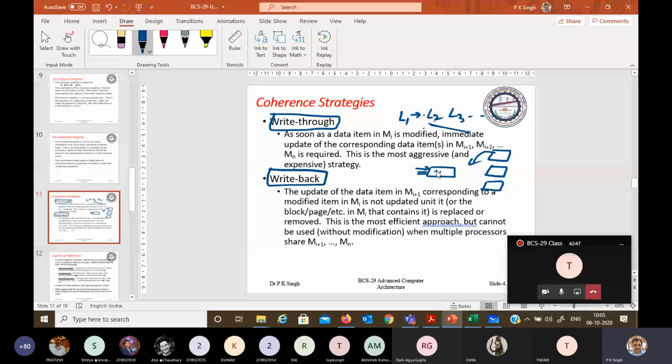When this block is to be transferred back to the main memory, then it is going to be modified. Otherwise, your processor will do the modification on this block only, the block residing in the cache memory. Okay, this technique is called the write back technique.